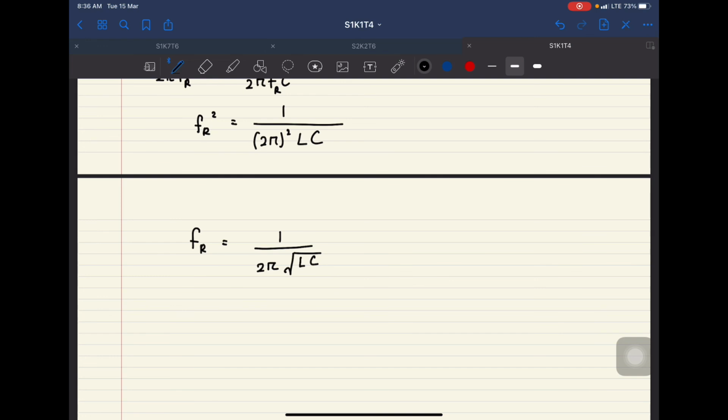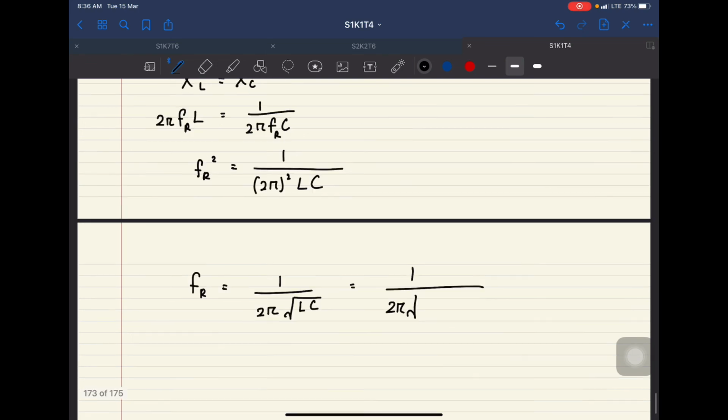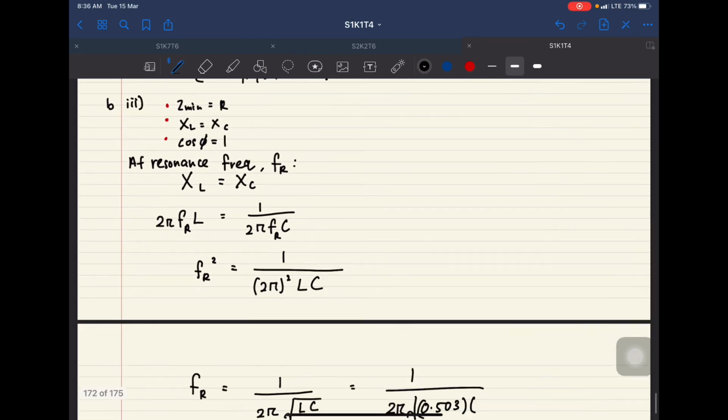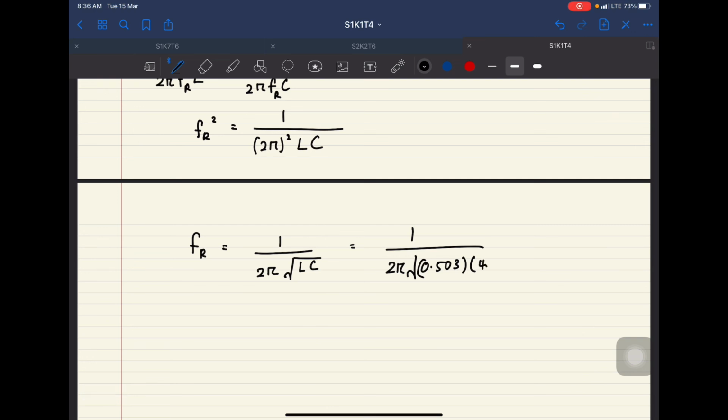Okay, since we already have the values for L and C, we can substitute inside here straight away. Your L just now is 0.503. And your capacitance is 4.95 times 10 negative 5.